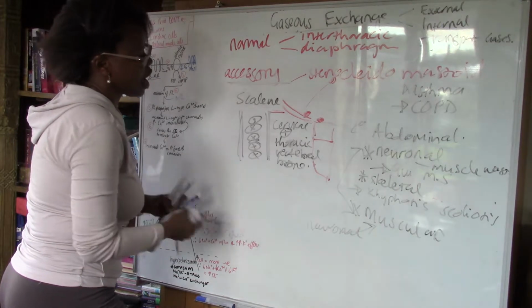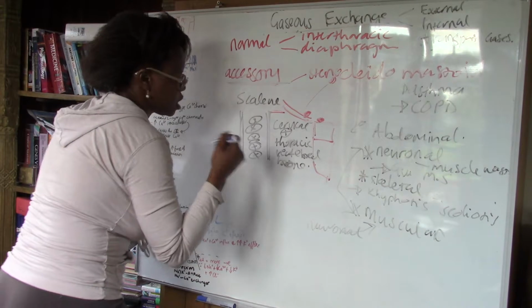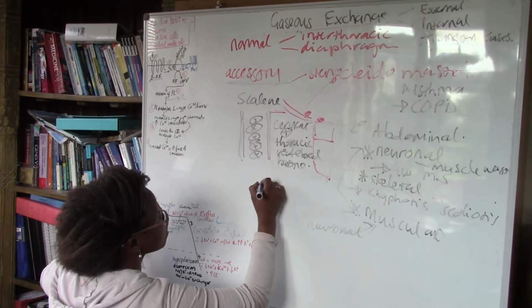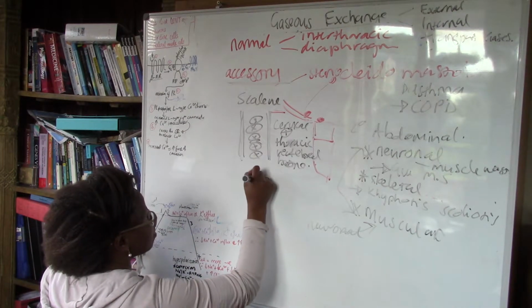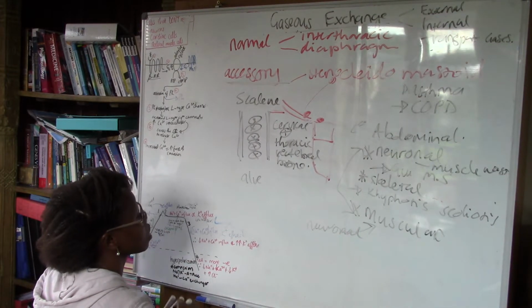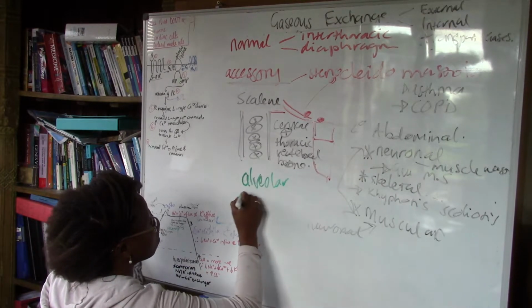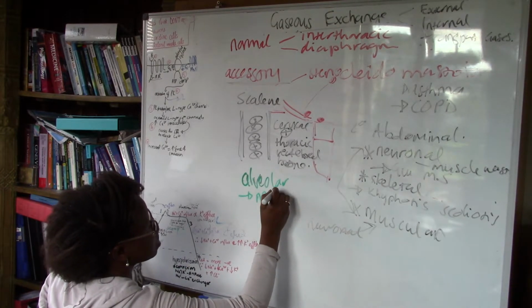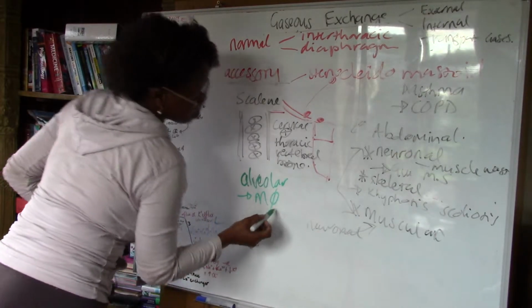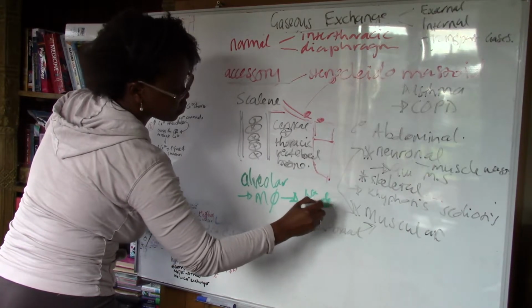Again, the other thing which I forgot when I was talking about this, just filling in the blanks as I remember: the alveolar also has macrophages, which is obviously the first line of defense.